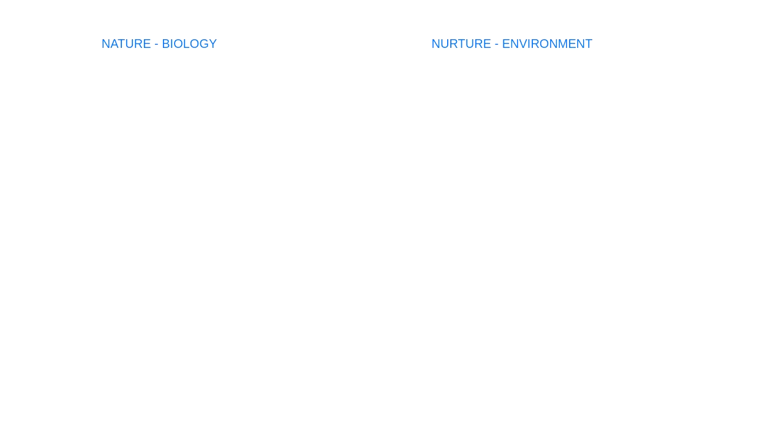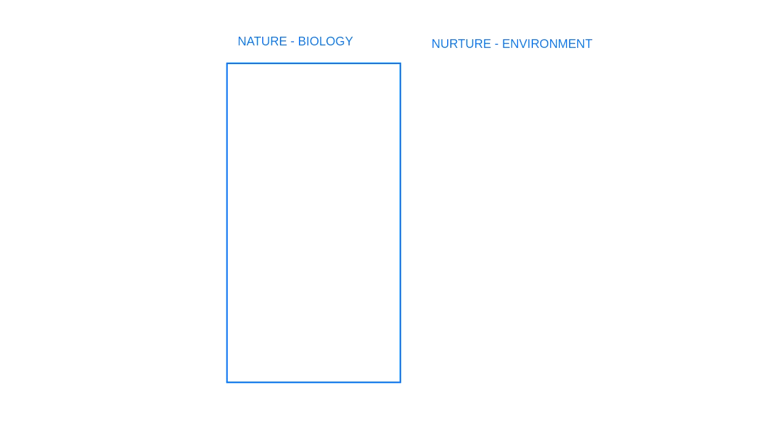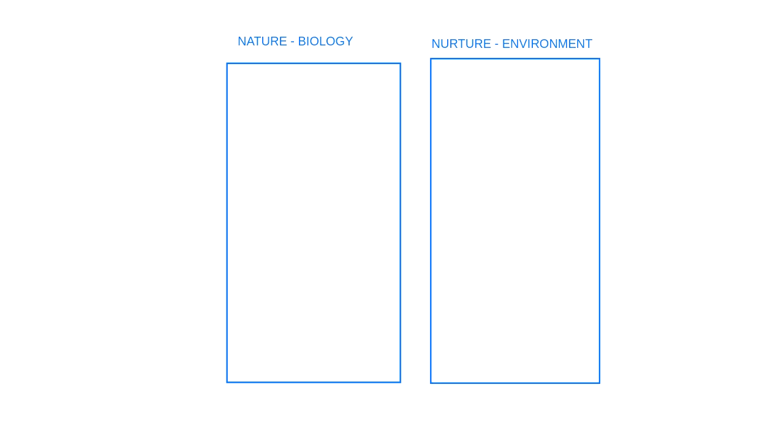Let me get them a little bit even. So let's look at these. Let's come up with a couple examples of how this plays into each. In this box, we'll put everything having to do with nature, and in this box, we'll put everything in nurture. Let's come up with an example of something we can examine. Let me think of a good example.